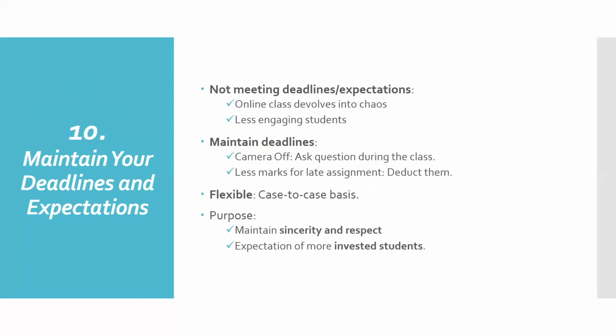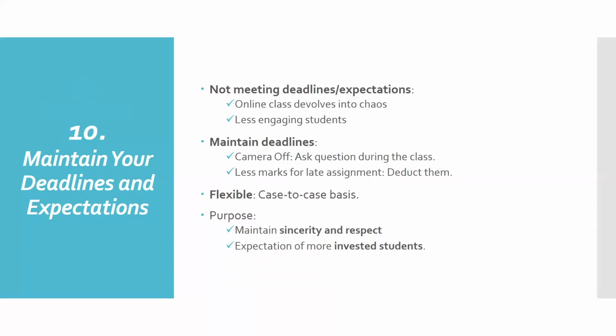Here is an example. In case the students cannot keep their cameras on during the entire class due to any reasons, like network issues being their favorite excuse, then ensure that the students know that they can be asked to switch on the camera anytime during the class in order to check their presence. Or if not camera, they can be asked a question anytime during the class.